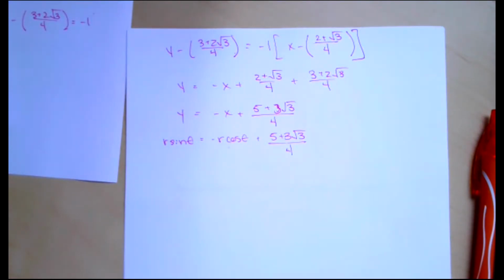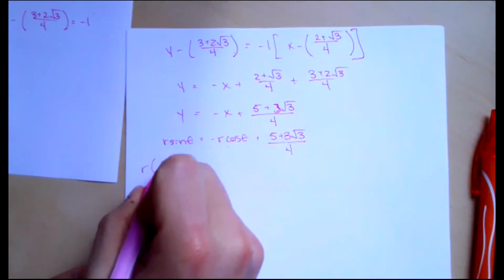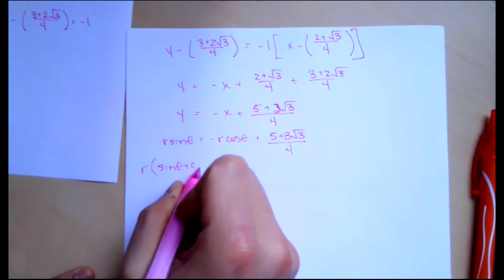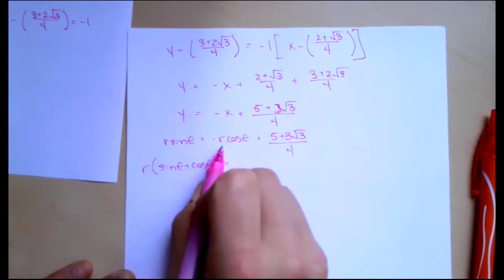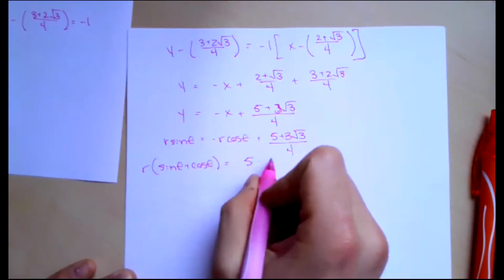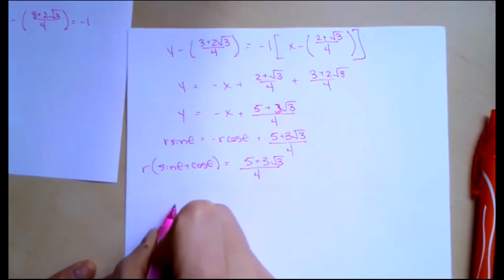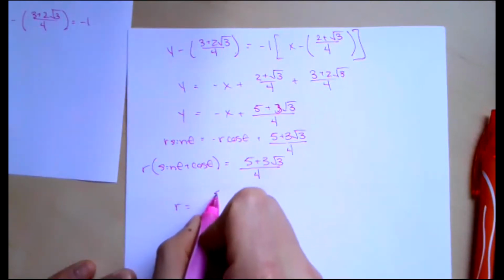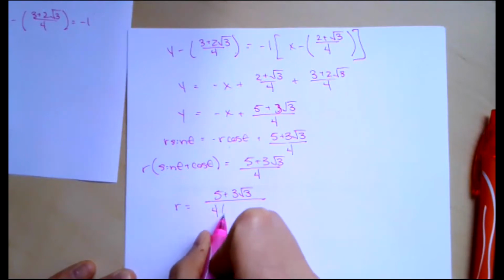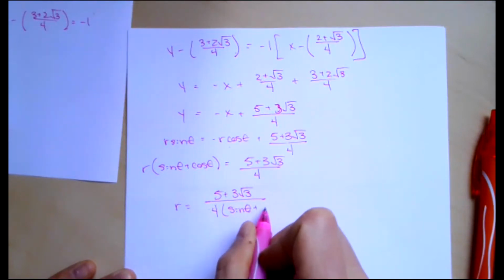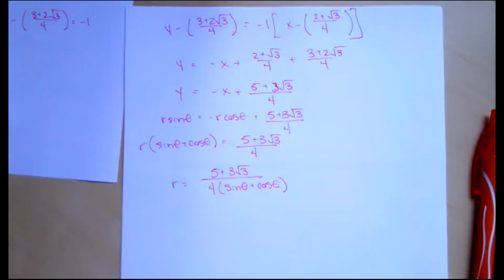And now in this case, we would factor out our r. So if I add this over, we have r sine plus cosine is equal to, so I subtract or added that guy over. On the right, we've just got our 5 plus 3 square root of 3 over 4. So our equation is r is equal to 5 plus 3 square root of 3 over 4, over sine theta plus cosine theta. Gives us the polar equation of a line.